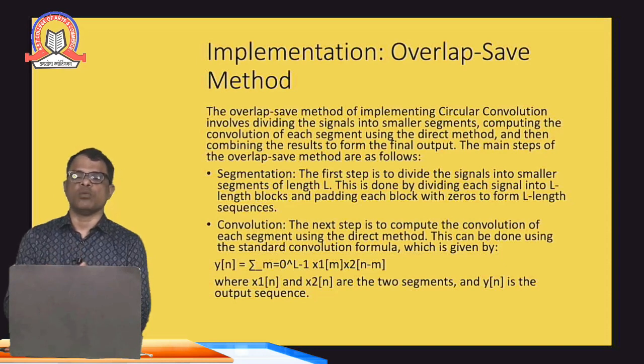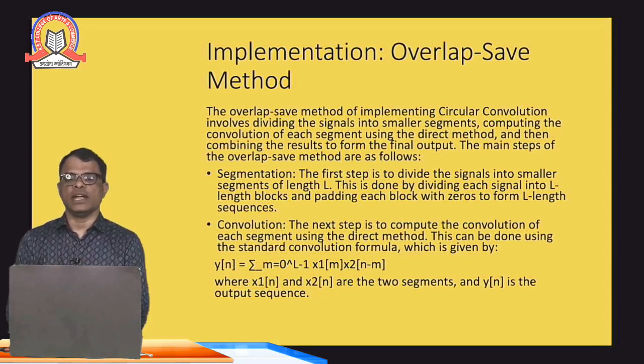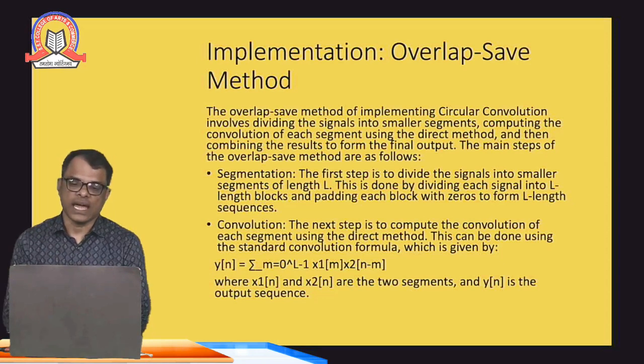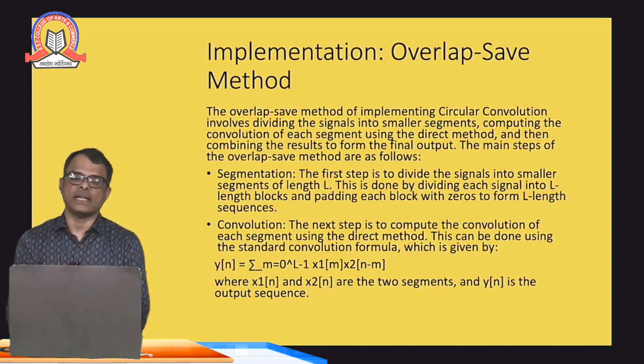The steps are almost similar: segmentation, convolution and then modulation. Now the first step is segmentation. The first step is to divide the signal into smaller segments of length L. This is done by dividing each signal into L length blocks and padding each block with 0 to form L length sequences. We will see the example, it will be more clear.